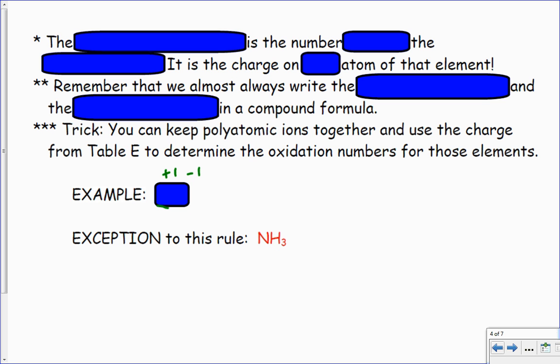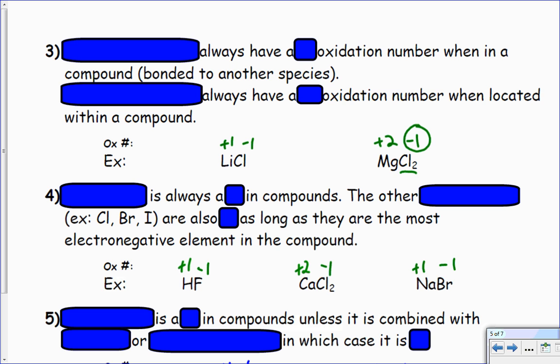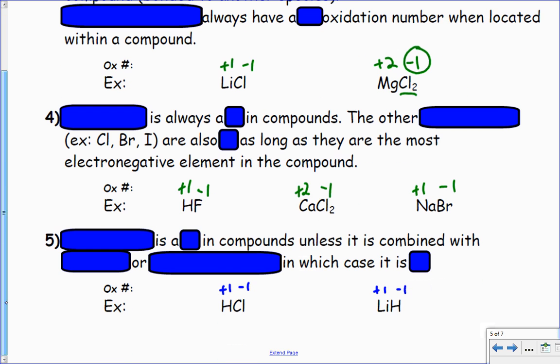This is the exception to the positive ion coming first. This is going to be a +1 and a +3, and the nitrogen is a -3. The exception is the N being a -3. It's tough to determine which one there is the exception. It could have been either. And we are good on this page.